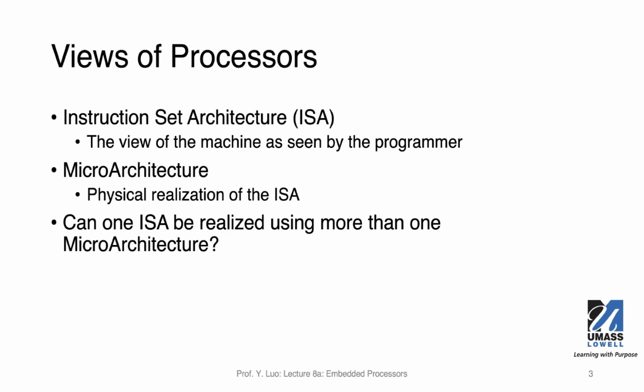You may use one microarchitecture for the purpose of high performance, and you can redesign this chip using some very efficient power optimization techniques to reduce the power consumption of the chip, but still you maintain the same instruction set architecture. That's still possible, and in fact that's very common in the industry. So hopefully these several points give you some idea about the views of these processors.